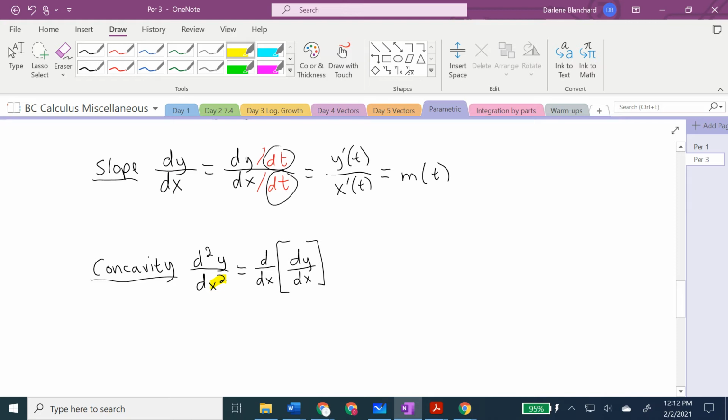See, we got lucky with slope because when I had a ratio of two functions with respect to time, that little issue of you're taking the derivative with respect to x, but there's only t's there. We're able to just overwrite it super quick and not even maybe realize we're overwriting it. But you have to realize it when it comes to concavity. So what I'm going to do is I'm going to write this function in place of dy dx to make sure that this is clear.